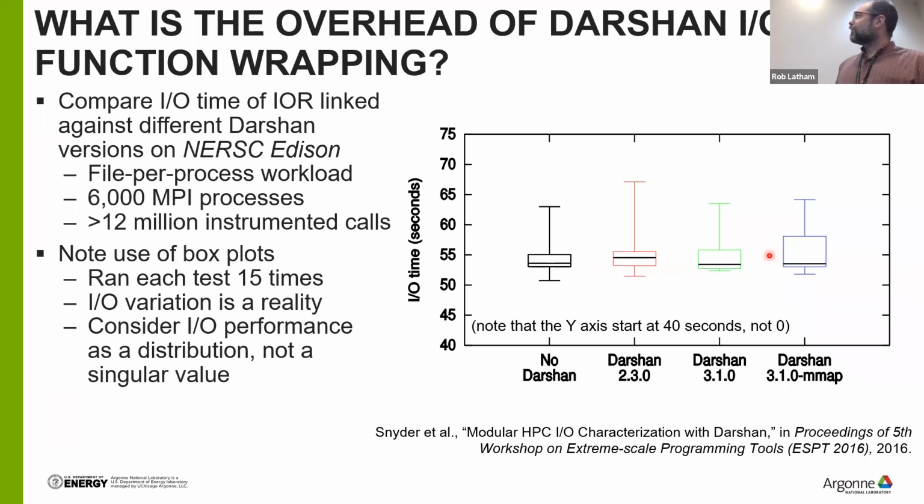Maybe there's a small delay and it's a very synthetic benchmark writing lots of data, but in terms of percentages, it's quite small. And we're able to show facilities this information and convince them that it's okay to have Darshan on by default. Like I said, this is an older version, but we still do these tests sometimes.